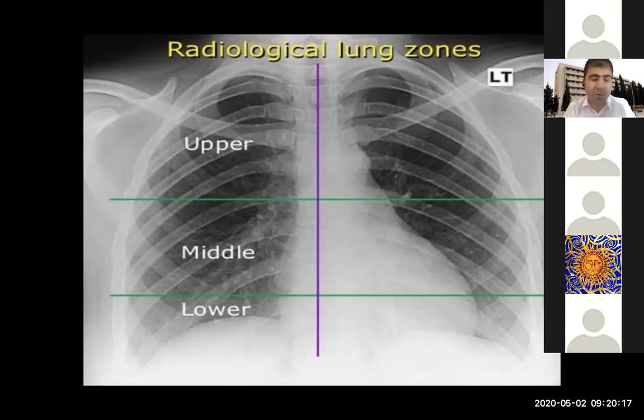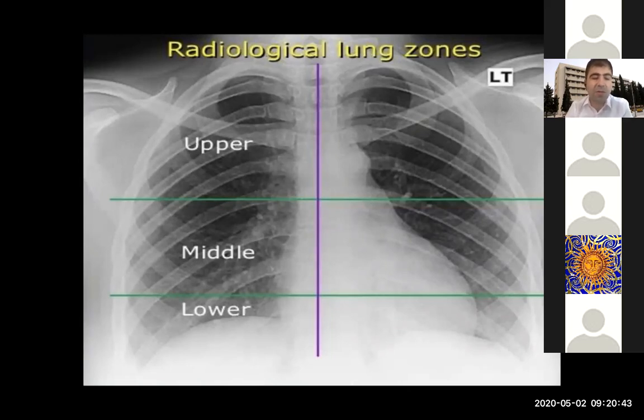If any part of the chest X-ray, for example the right side, has a lesion above the second rib in the mid-clavicular line, it means this is the upper zone. Any lesion below the second rib until the fourth rib, we are talking about the anterior ribs, which are steeper, is the middle zone.